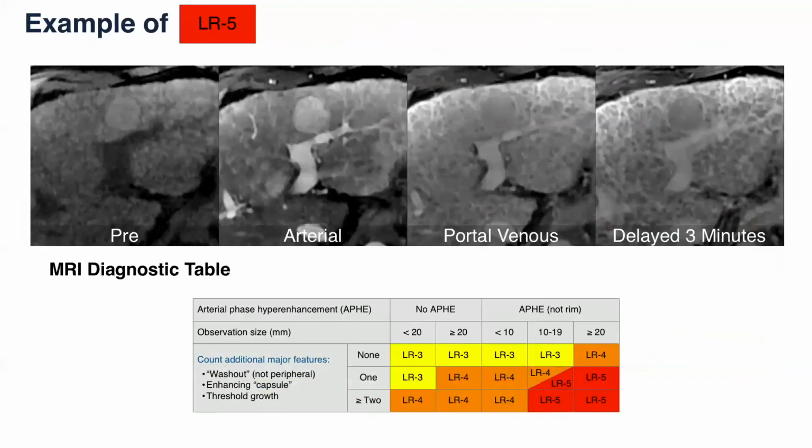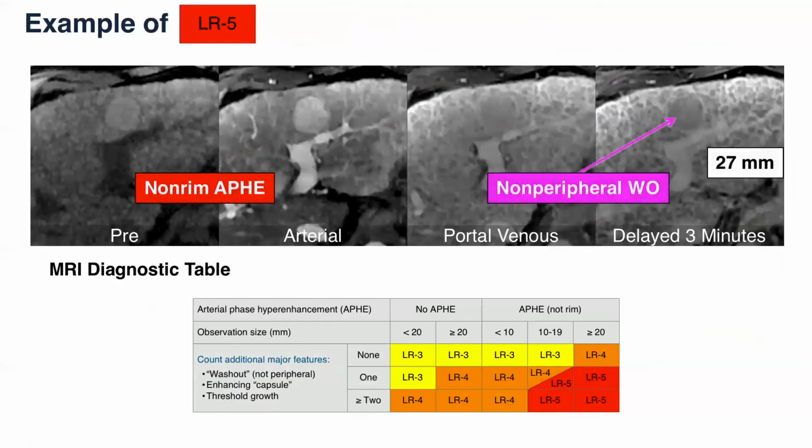Let's look at this example over here. This patient has an observation. How big is this observation? This observation, again, is not measured on the arterial phase. We measure on something else. Outer edge to outer edge, this is 27 millimeters. This observation has non-rim APHE.